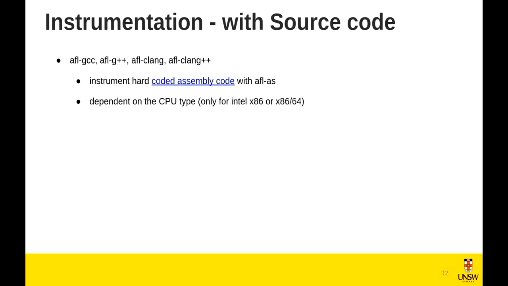And this approach is because the instrumented code is hard-coded in assembly code. So this is dependent on the CPU type, and it only supports Intel x86 or x86-64 architectures. So these are not just for Intel CPUs.